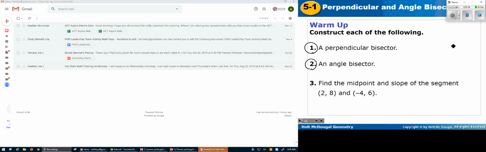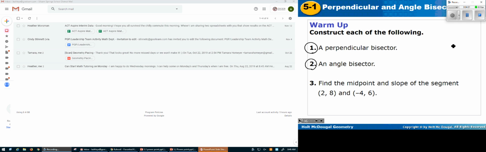Okay, the second one that we did in chapter 1 was an angle bisector. So on your paper, if you want to follow along with me, you can make yourself an angle. Does anybody remember how to do an angle bisector? Okay, so I'm going to give that a letter A. Go ahead.